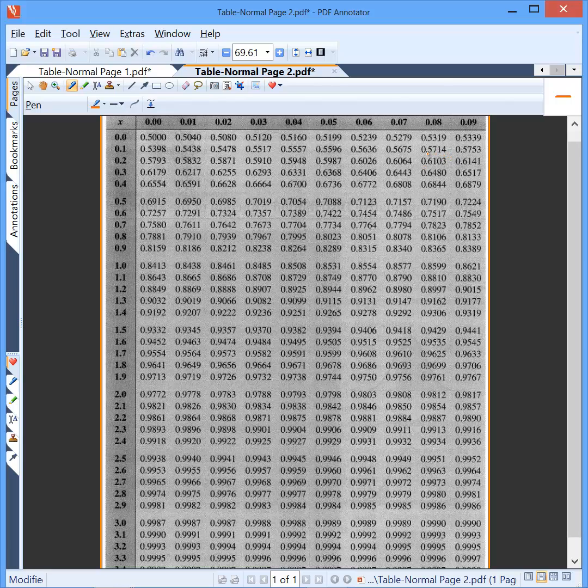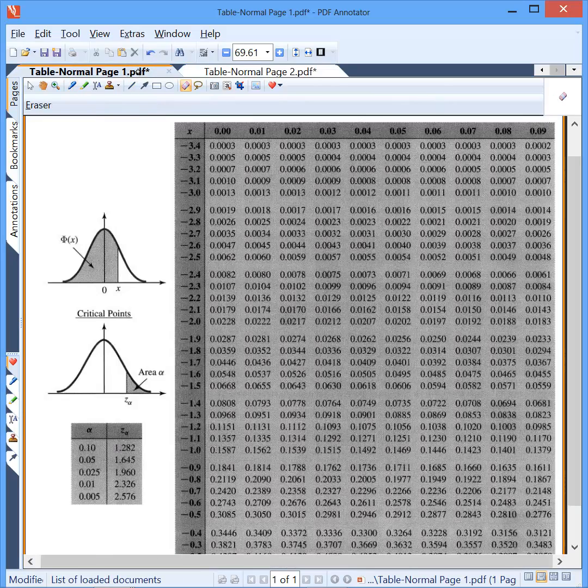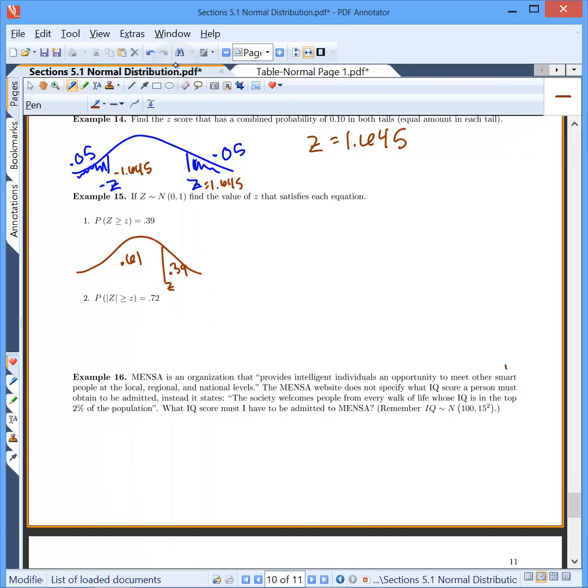The closest I can find is 0.6103. So my z-value is 0.28. So z equals 0.28.